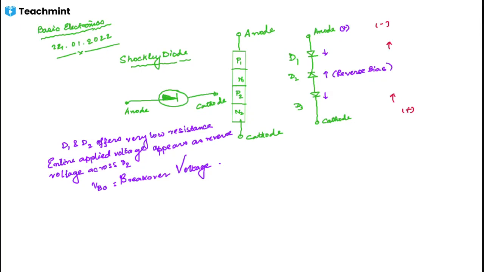So if I draw the VI characteristics, you will see, this is the x and the y axis.